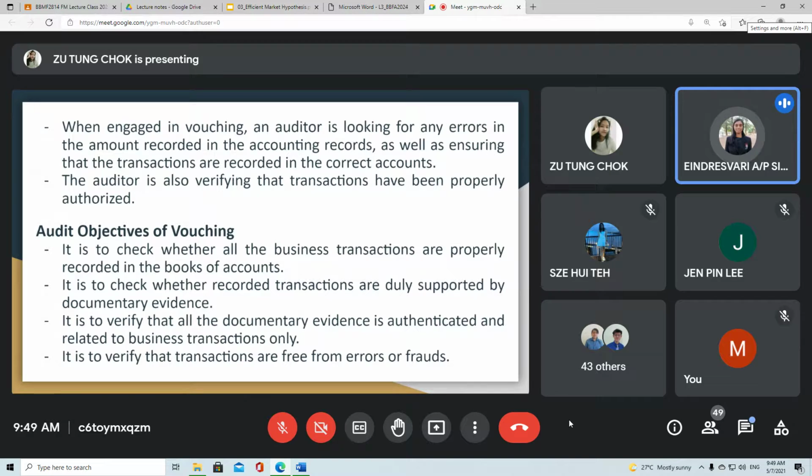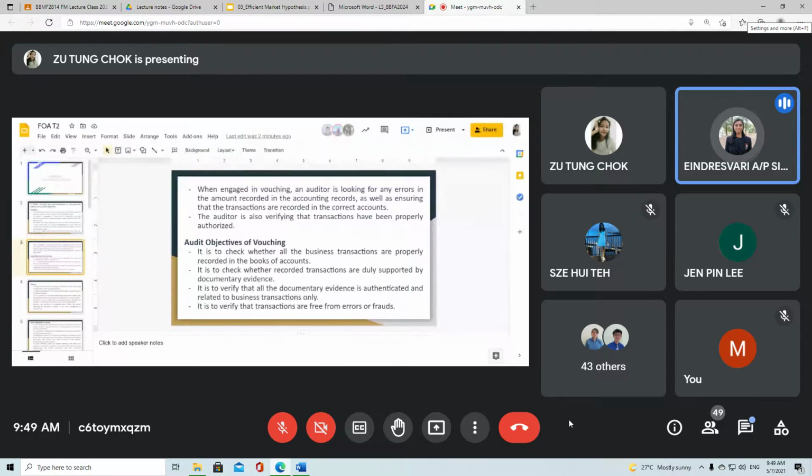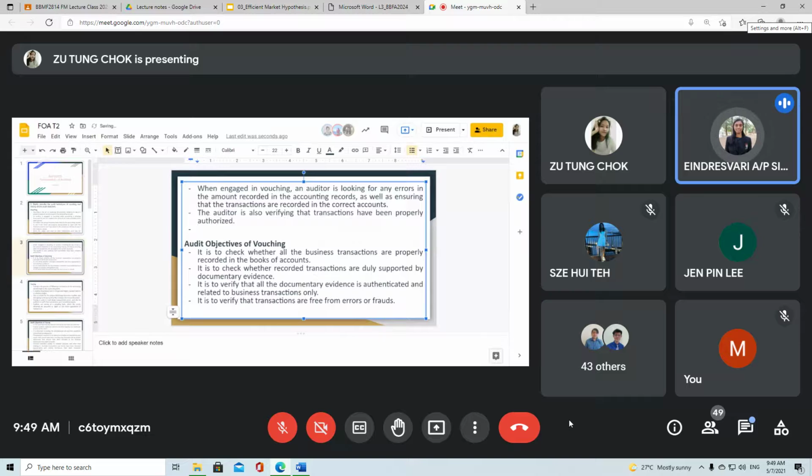Anybody has any answer? Anybody want to try? Okay, so you may write: for selected sample of sales transactions from the sales ledger, vouch to the sales invoices and goods delivery note to ensure the transaction had occurred.